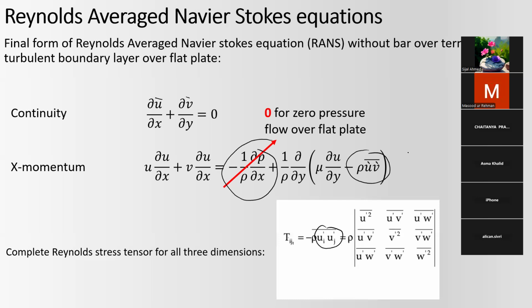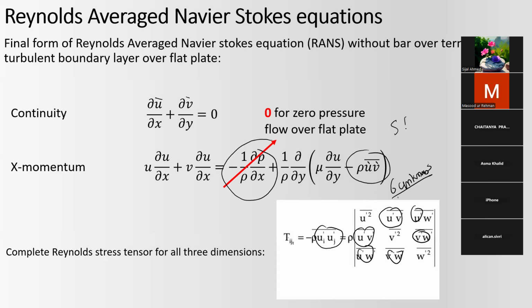This is the complete Reynolds stress tensor for all these terms. This term and this term are the same, and this term and this term are the same, so in total there are 6 unknowns. When solving a Reynolds stress turbulence model, you have to solve 6 equations.